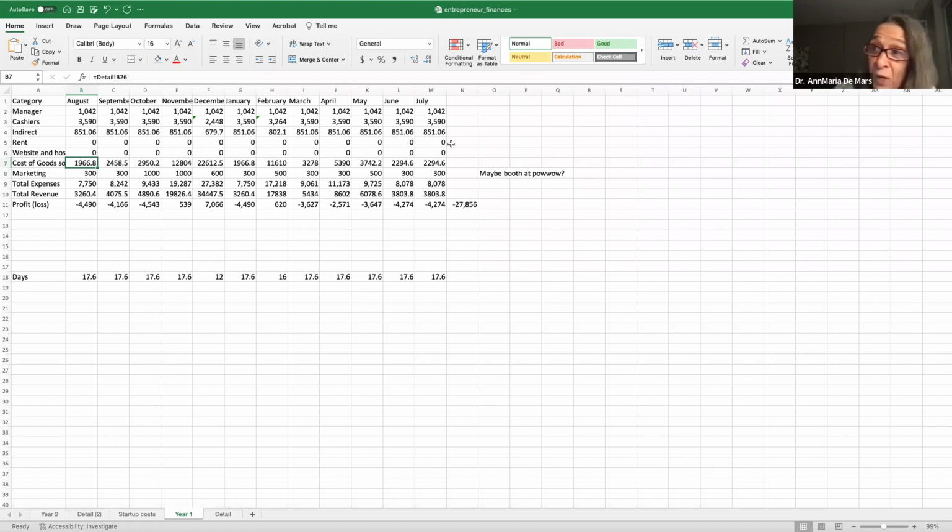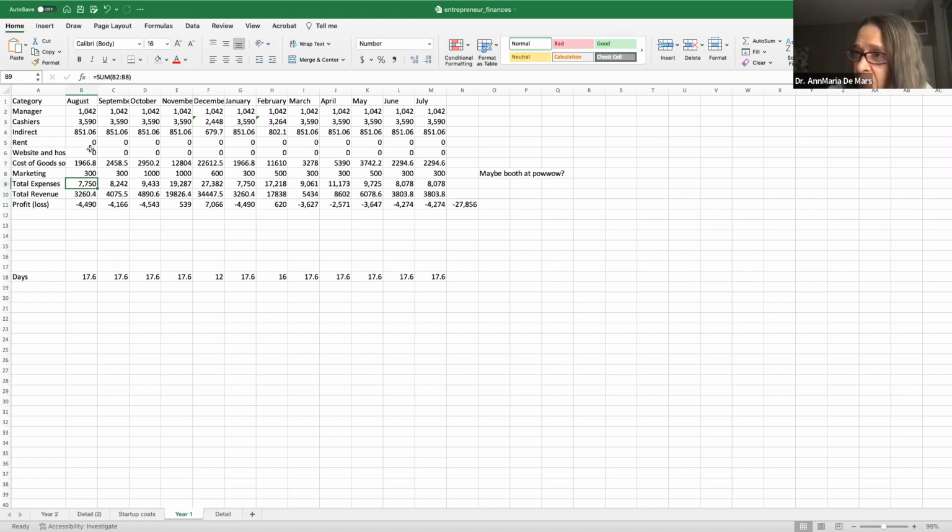So I only have to do this once and drag it all the way across. Now I've got how much everything costs. So those are my total expenses: equals sum, and then a parenthesis, drag all the things I wanted to sum up. This is my total expenses.